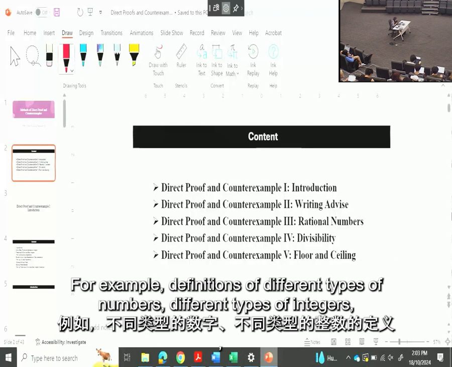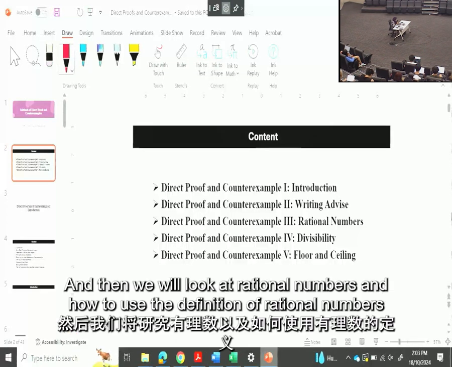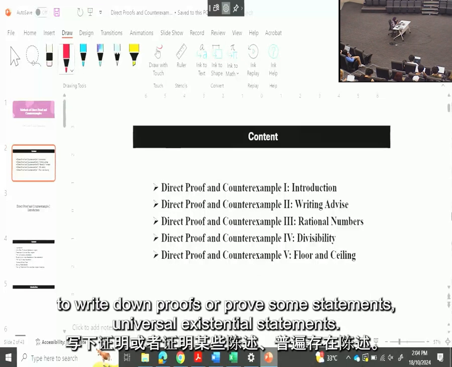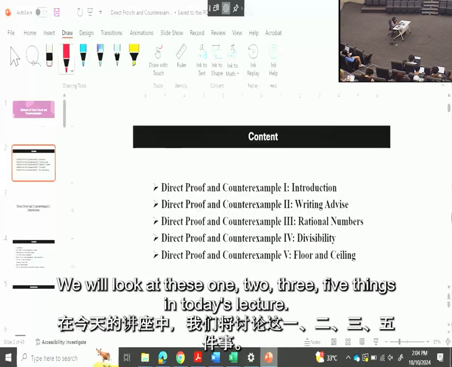For example, definitions of different types of numbers, different types of integers, and then how to write proofs, the proper way of writing proofs, and then we will look at rational numbers and how to use the definition of rational numbers to write down proofs or prove some statements, universal existential statements. And then divisibility and floor and ceiling function lastly. We will look at these 1, 2, 3, 5 things in today's lecture.